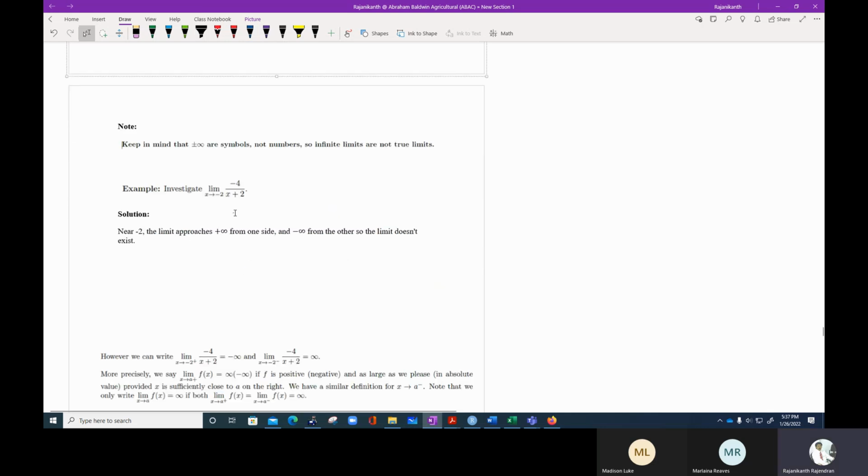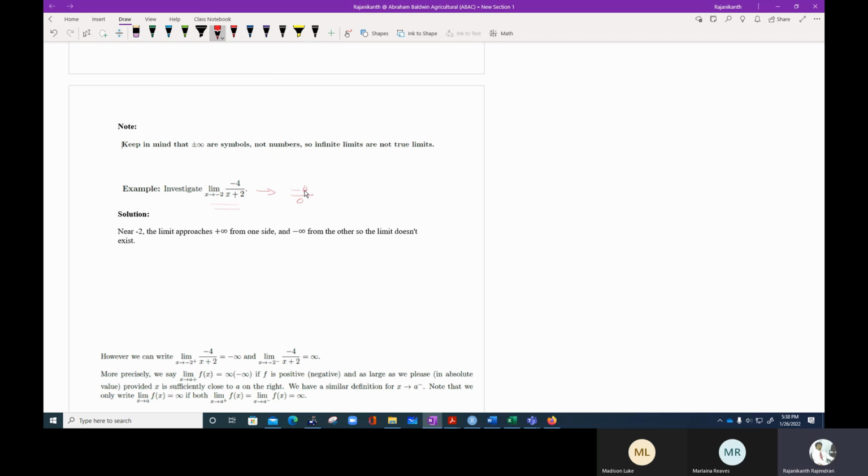For example, look at this problem. What can you say about the limit as x goes to -2 of -4 over x plus 2? If you simply try to plug in -2 for x, you will get 0 in the denominator, so the answer looks like -4 over 0.